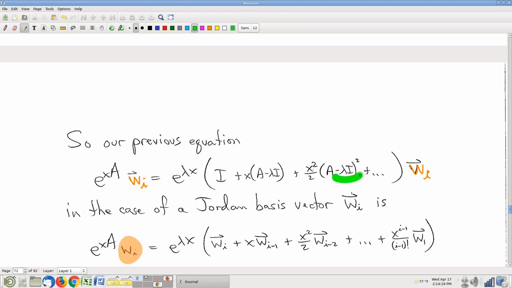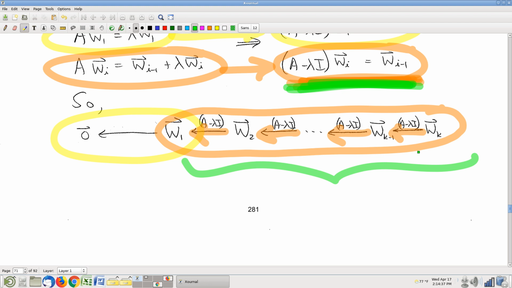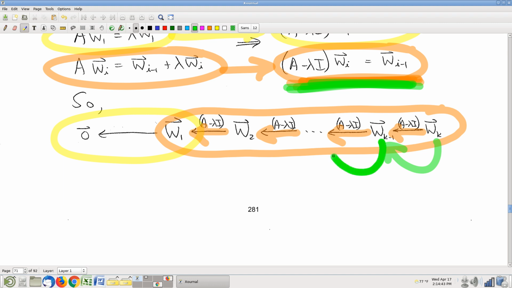Okay, what does A minus lambda I squared do to Wi? Oh, well, what that means is I'm going to start with Wi, multiply by A minus lambda I, and then multiply by another A minus lambda I. So I am therefore going to go to the previous Jordan basis vector in the list, followed by then going to the one previous to that.